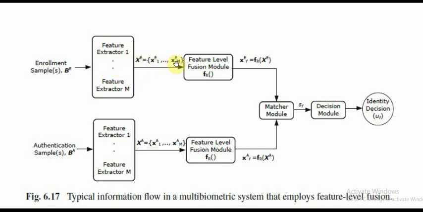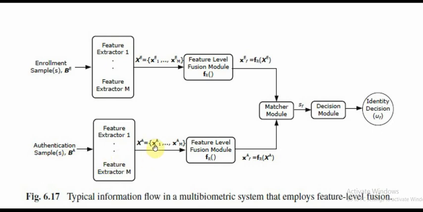Then these feature vectors will be given to the feature level fusion module. For example, we concatenate them one by one, and the final fused feature vector will be stored in the database, and we can do the same thing in the authentication procedure.